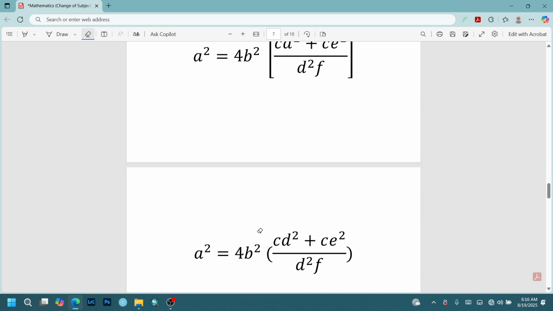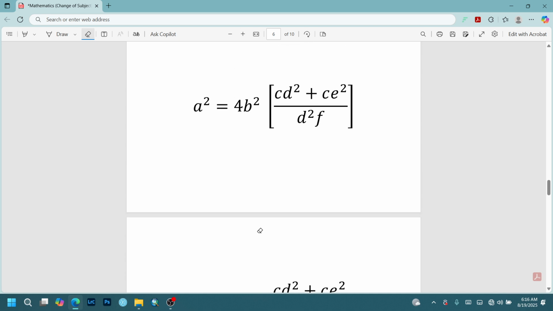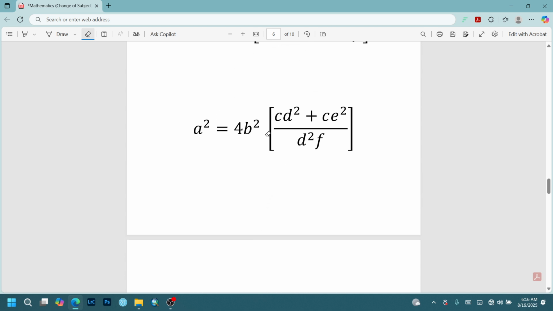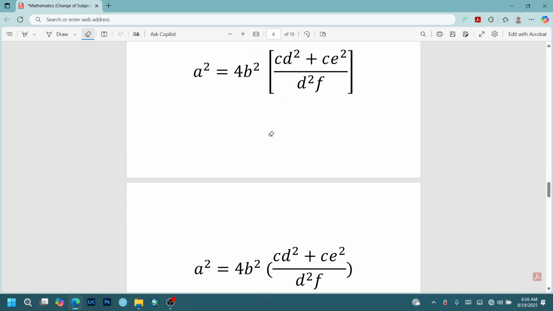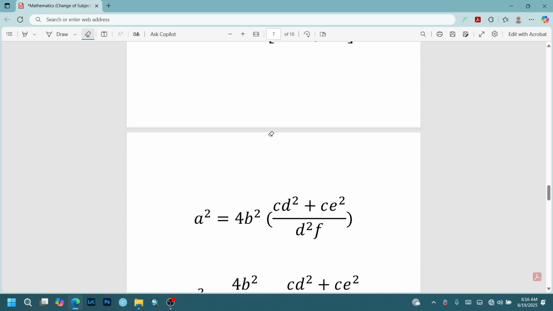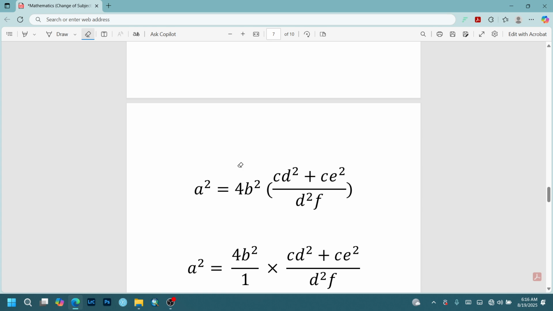So, we also have to deal with 4b square, multiplying the fraction cd square plus ce square over d square f. So 4b square is multiplying this fraction.